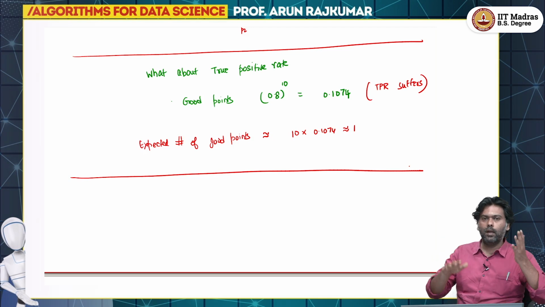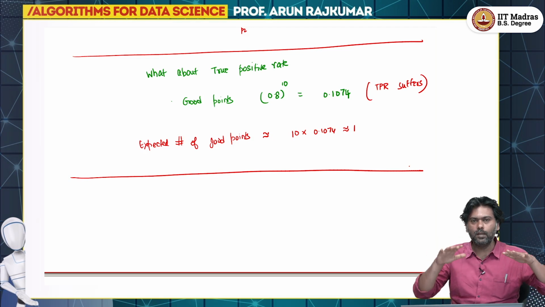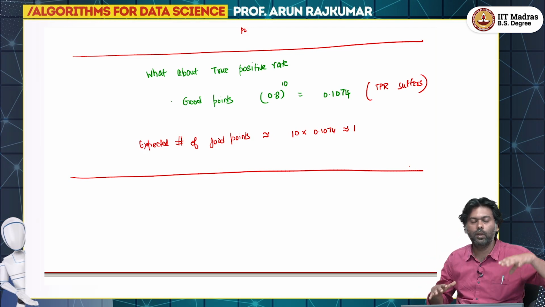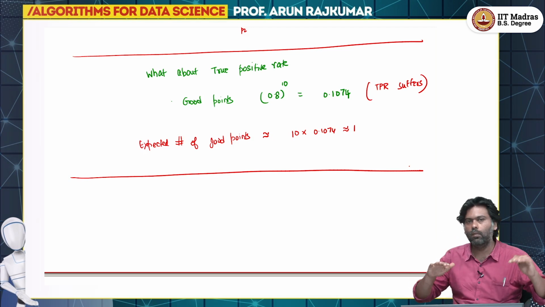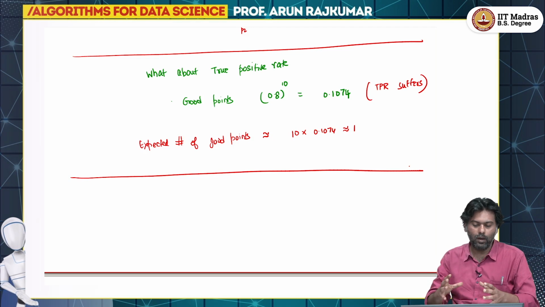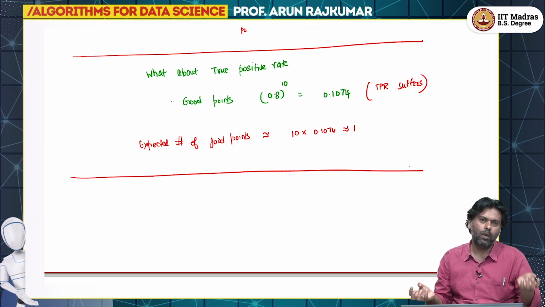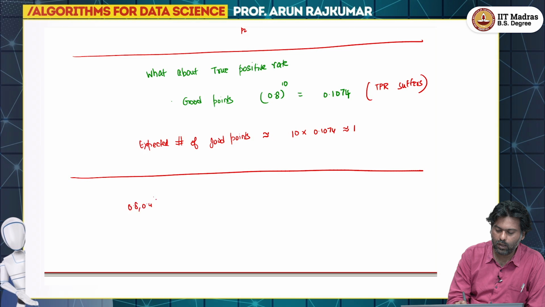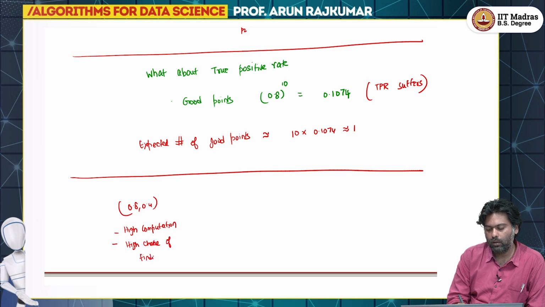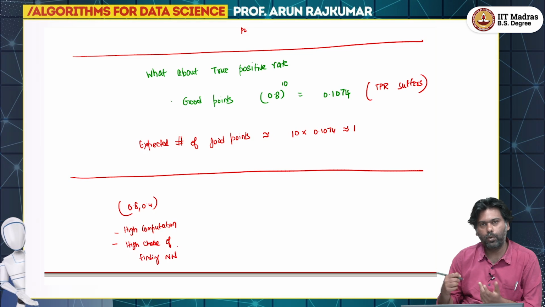So now there are several things that have to be delicately balanced here, right? The amount of computation I do and the chance with which I will find the good guy, both of them have to be balanced somehow. And we have two extreme cases. One case, a lot of computation, which is the 0.8, 0.4 case, high computational cost because of a lot of bad guys, and also high chance of finding the nearest neighbor approximately, right.